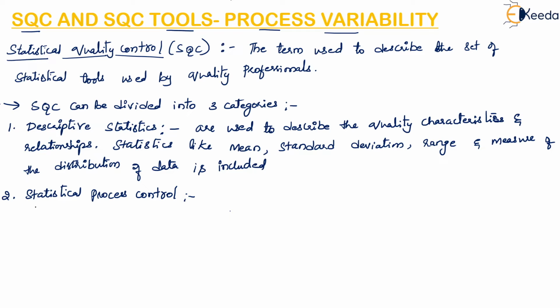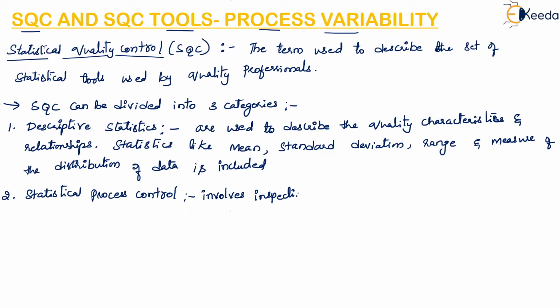So in statistical process control, there is a control limit within which these characteristics of the product has to fall. So we will check here whether the process with which we are producing the product is seeing to it that the product is within the predetermined range or within the control limits.